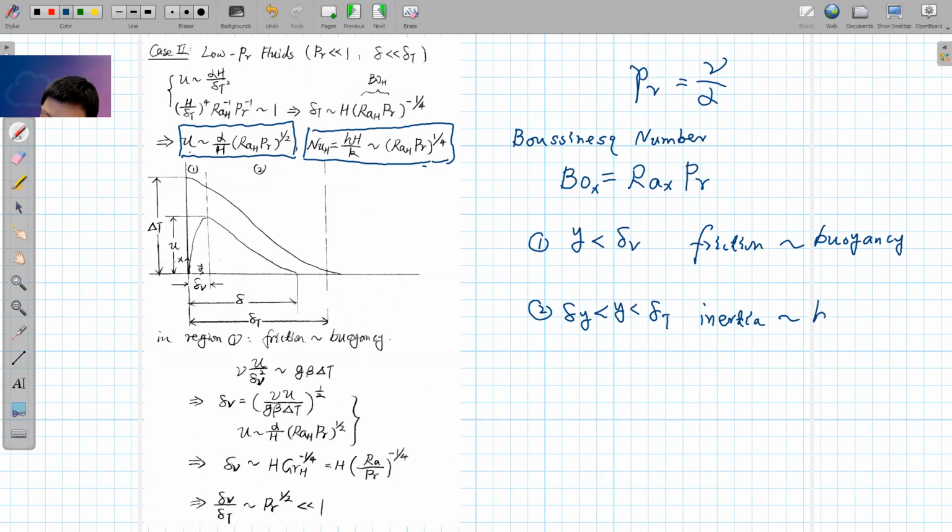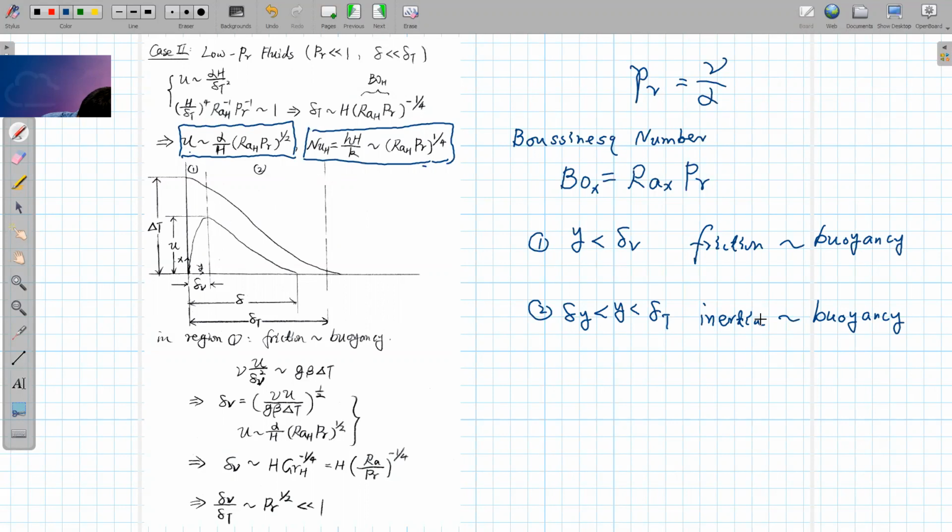So this will be equal to buoyancy. So it's the inertial force. In this region, the inertia term will approximate to the buoyancy term.